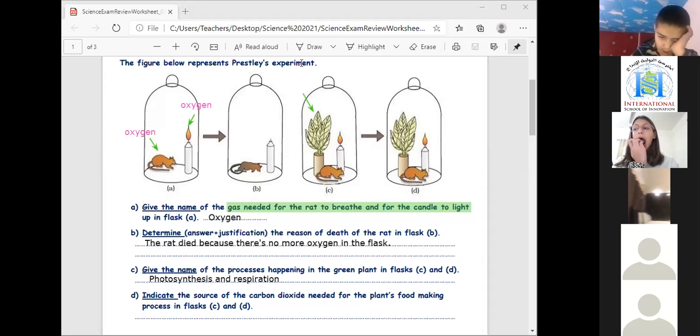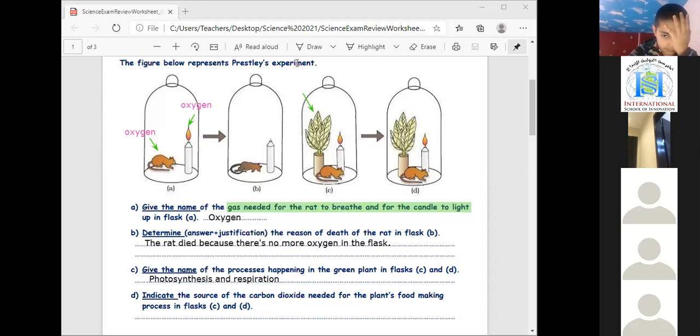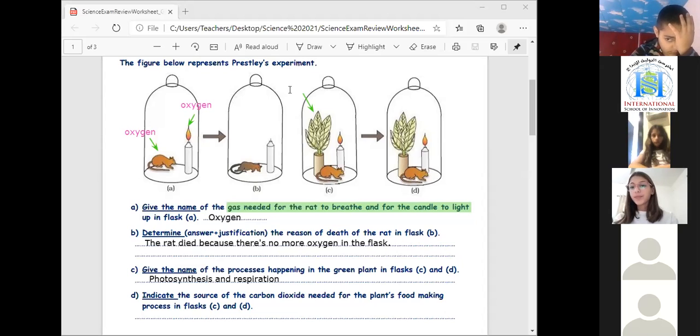The green plant right here is going through photosynthesis. Which gas do green plants breathe in? Which gas do they take in for photosynthesis? Carbon dioxide, excellent.